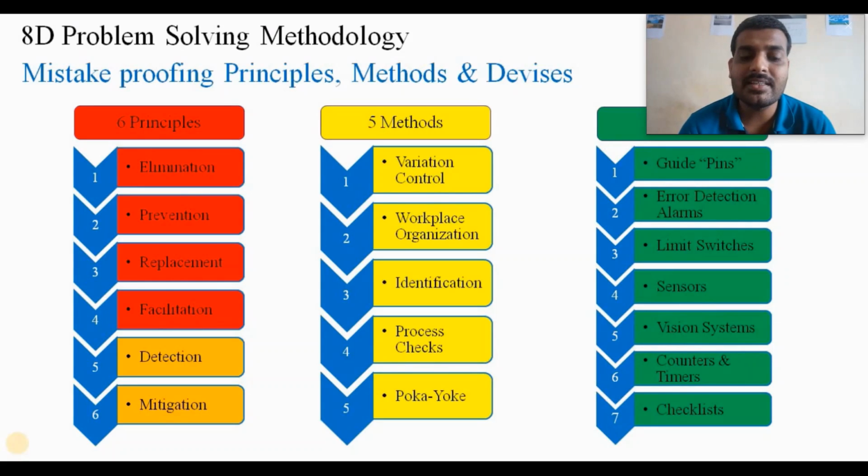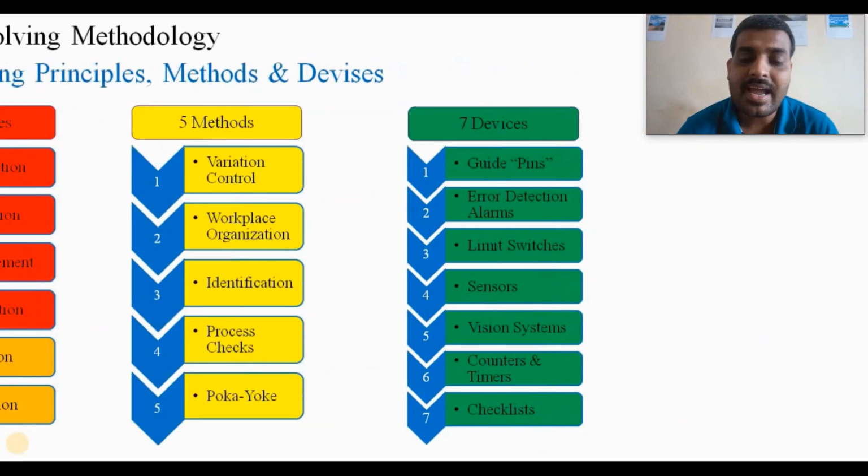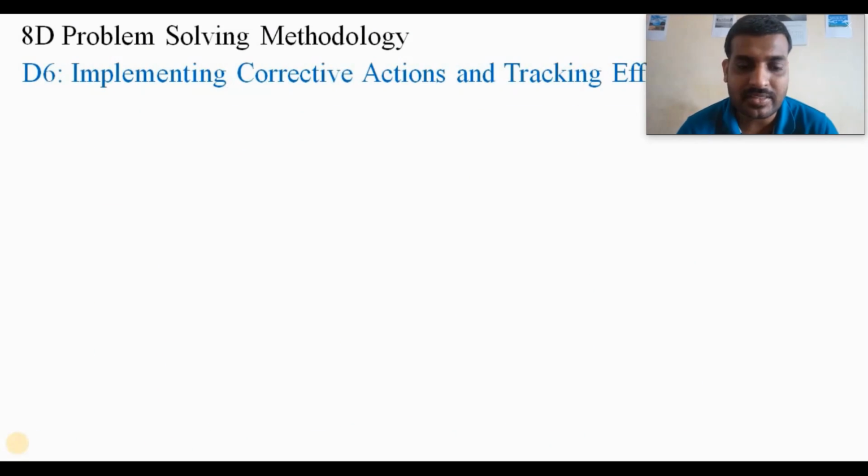It is nothing but implementing corrective actions and tracking their effectiveness. This means implementing the previously selected corrective actions, validating their effectiveness after implementation, and ensuring that there are no negative consequences.